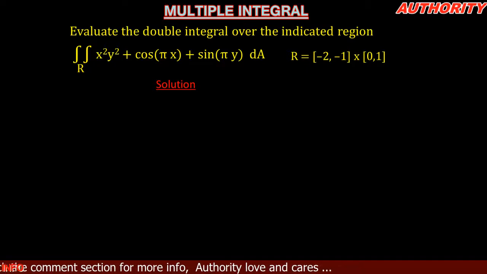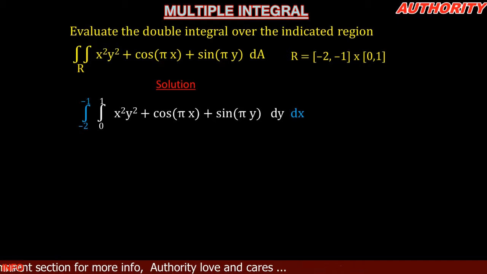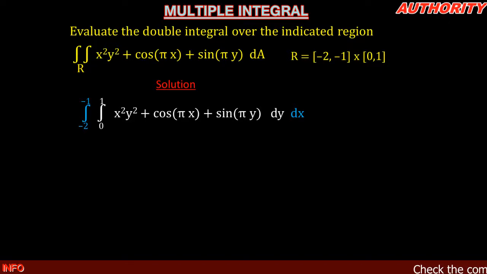So here we're going to have the integral from -2 to -1 on x, and then also the integral from 0 to 1 of x squared y squared plus cos pi x plus sine pi y, then we have dy dx.